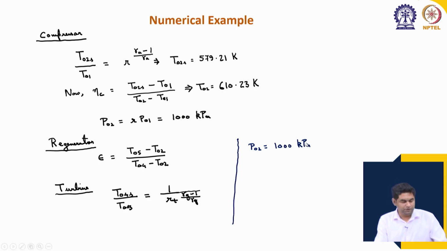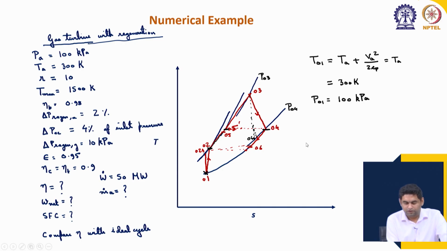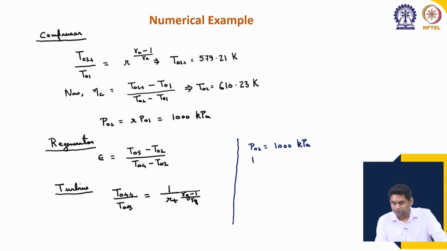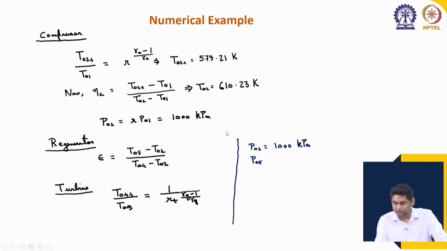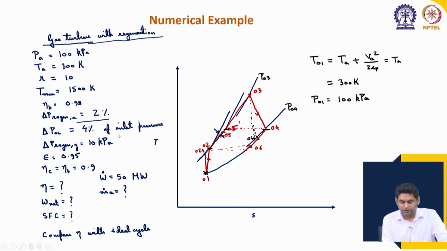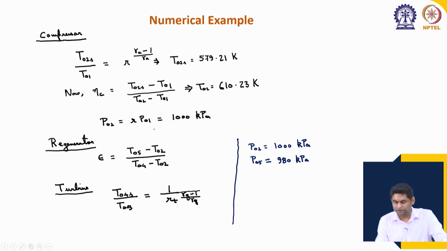After the regeneration process, what is the loss in the regenerator? 2%, 2% of 1000. So, P05, the pressure loss between here and here is 2%. So, P05 is 98% of 1000, which is 980 kPa. I am directly writing, you should write the steps in between. Then there is a further 4% pressure loss in the combustion chamber, 4% of the inlet pressure to the combustion chamber.